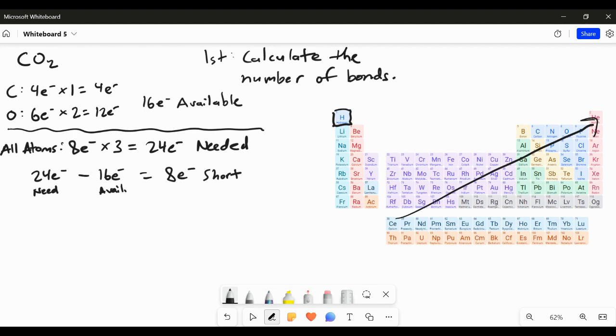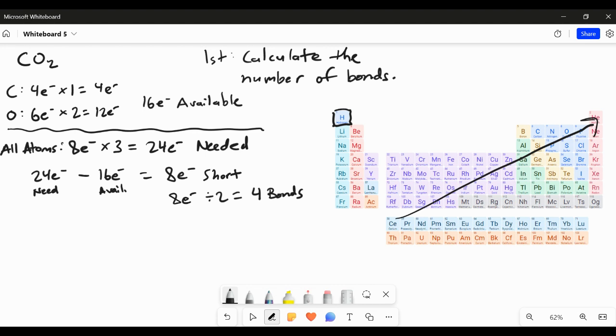Divide that by 2. Means we need 4 bonds. Okay. So we're 4 bonds short. How are we going to make this molecule?